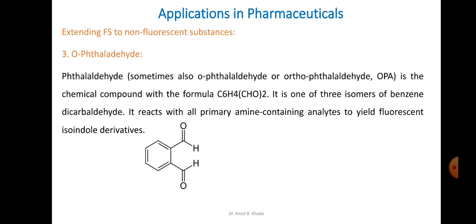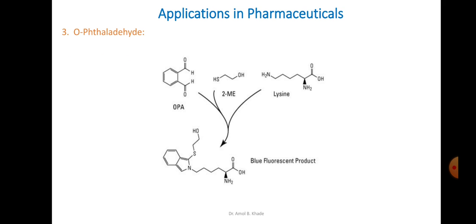So it reacts with primary amines, all primary amine containing analytes or the pharmaceuticals, and that will yield the fluorescent isoindole derivative. So this is forming an isoindole ring, right, and this becomes highly fluorescent in nature.